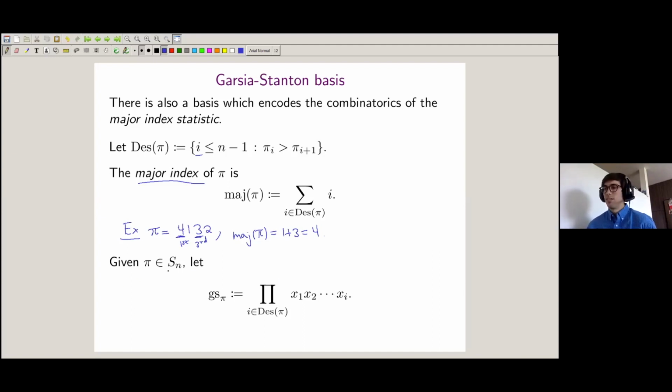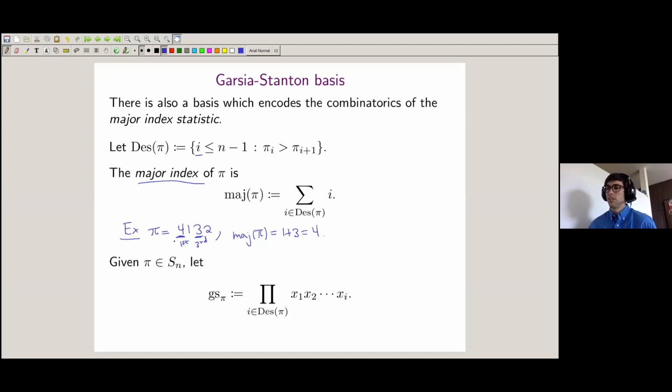And then given a permutation, we'll define this monomial, the Garsia-Stanton monomial, denoted by GS sub pi, which is just the product over all descents, where you take the monomial, the product of the variables x1 through xi.